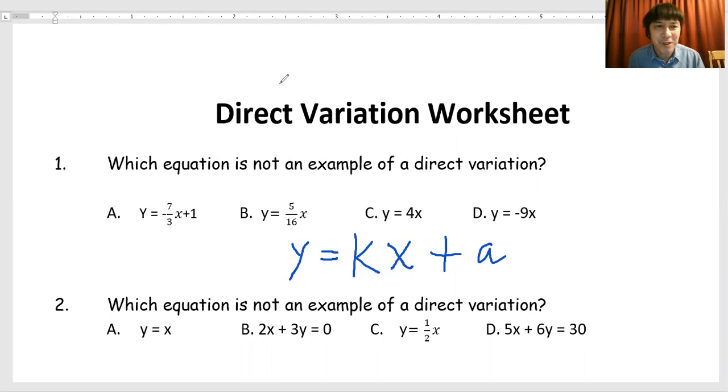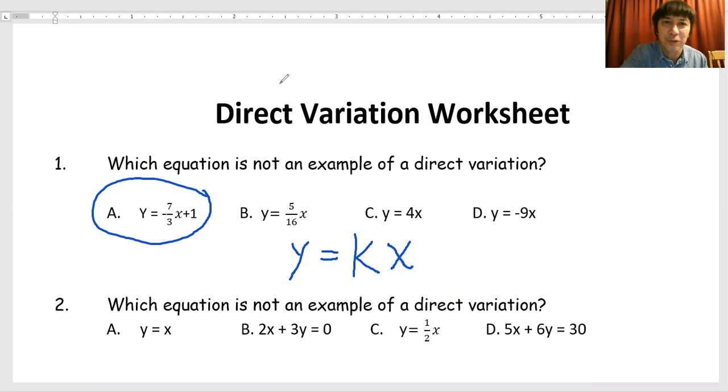So from the choices, we can see that the A, that particular equation, is not an example. The rest of the choices take the form for direct variation, and that will be for something like this, okay?